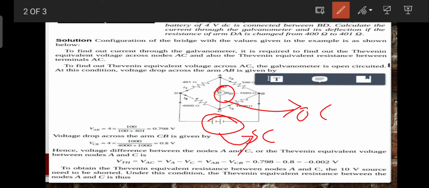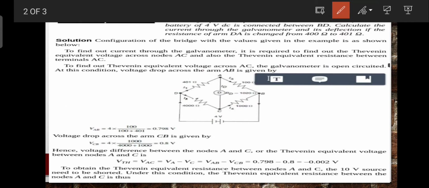By short circuiting, points D and B are connected at one point, and the resistances 401 and 100 ohm are parallel to each other, and 1000 ohm and 4000 ohm are connected in parallel.